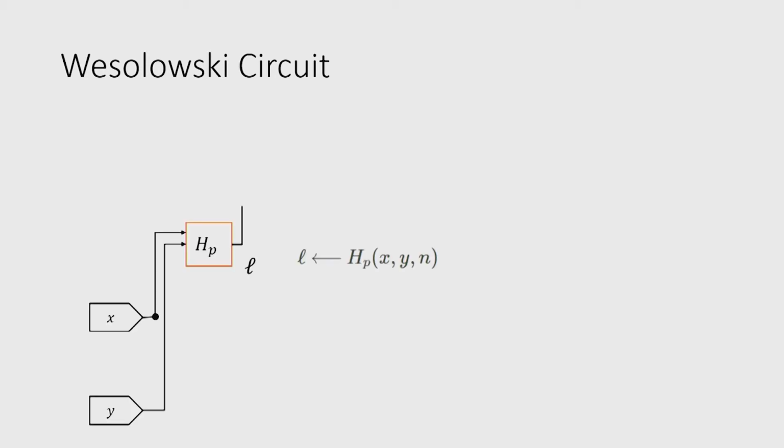In order to do that, we have to re-envision the verifier's operations in circuit form. Drawing the circuit, we start with the inputs x and y. For now, we're going to assume that we've fixed n to be some constant that we agree upon in advance. We're going to bake it into the circuit. So you take the remaining inputs x and y, and feed them into this hash function that's supposed to spit out a prime number.